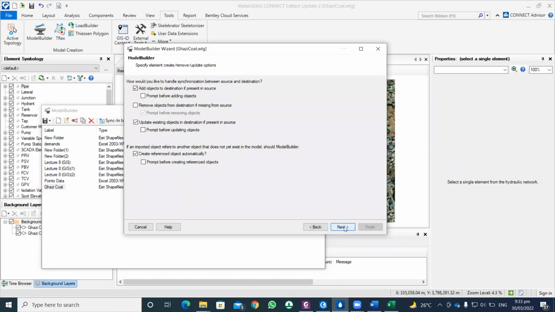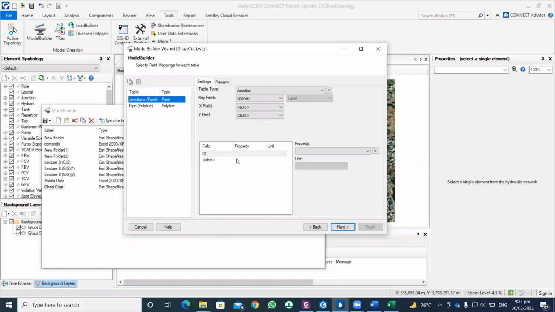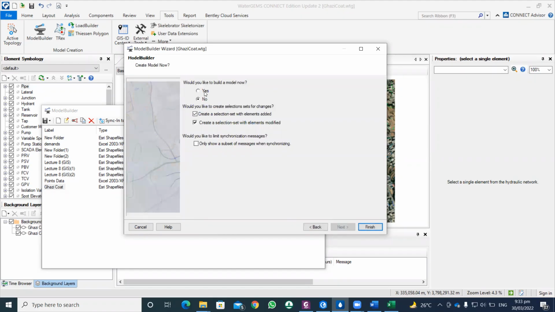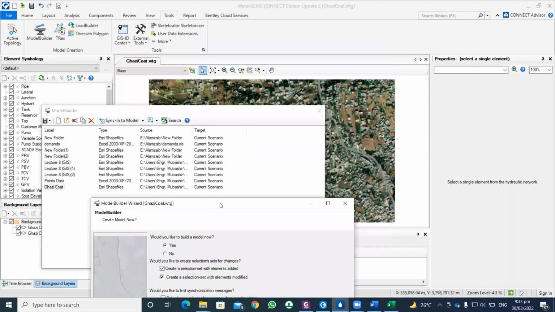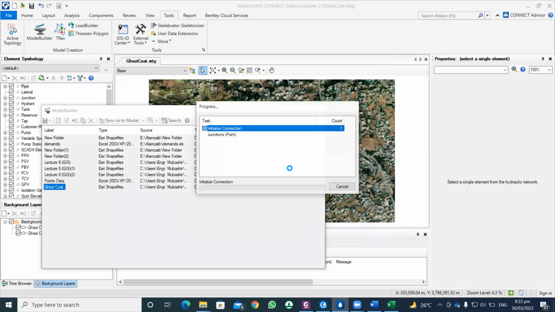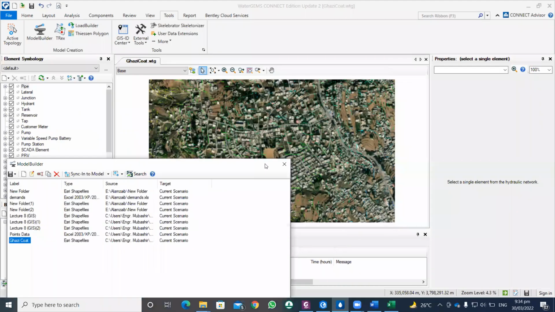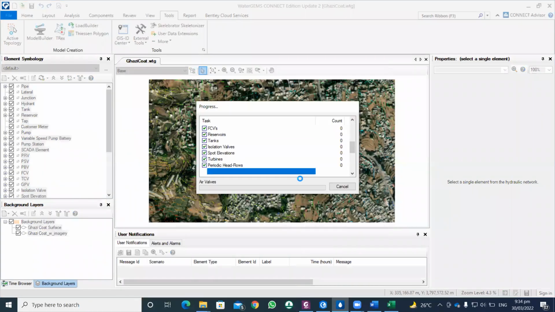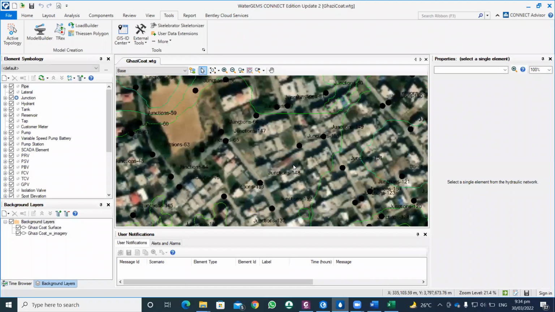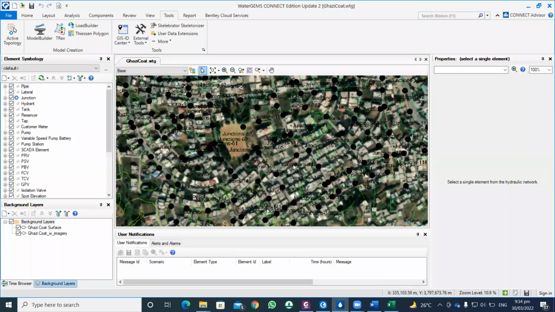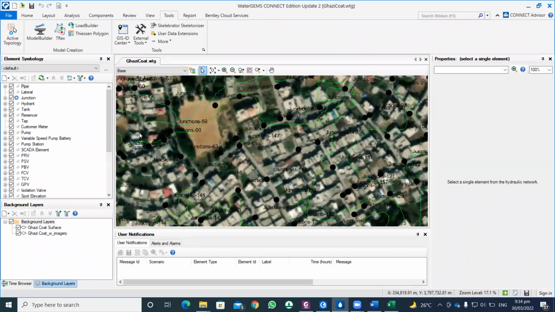Okay. The junctions have been created, but the pipes are not created. Why?